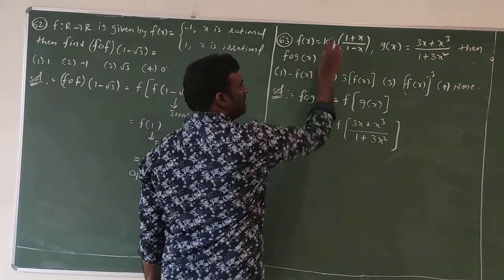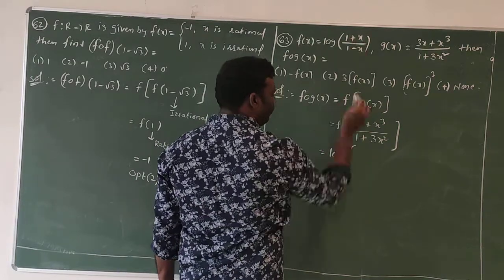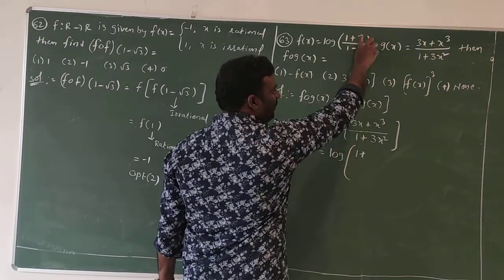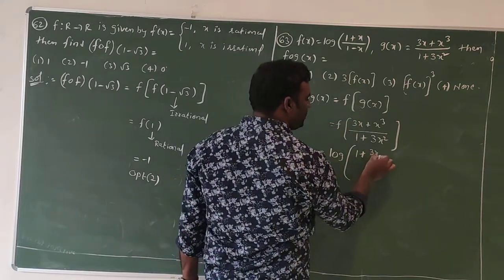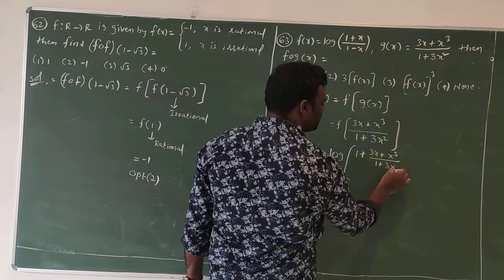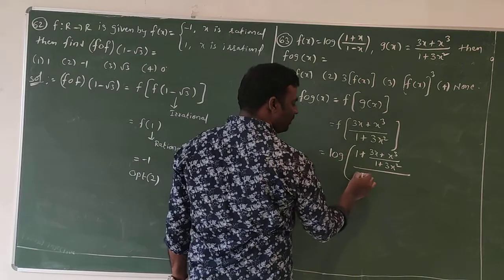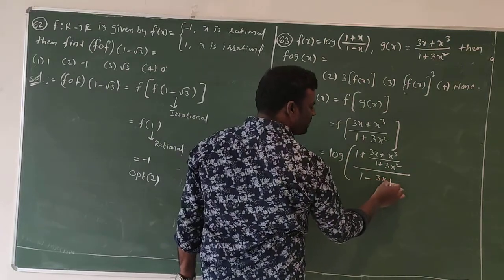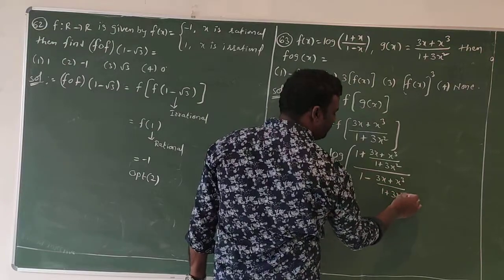What is the f function? Log of 1 plus, in place of x we need to take this total value, that is 3x plus x cube by 1 plus 3x square. The denominator is 1 minus x, then 1 minus 3x plus x cube by 1 plus 3x square.